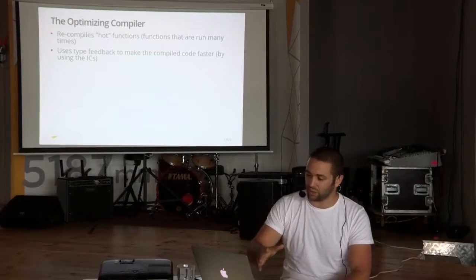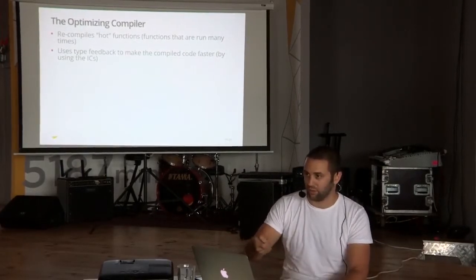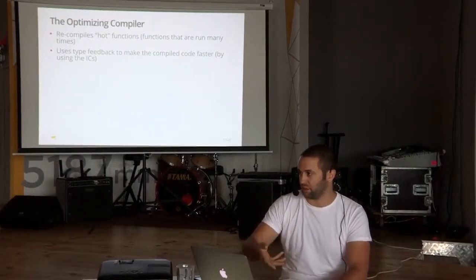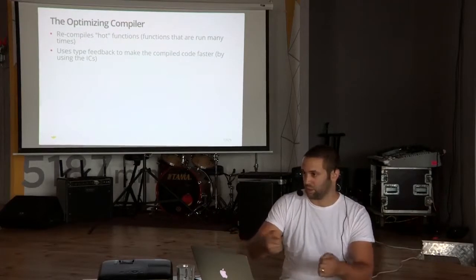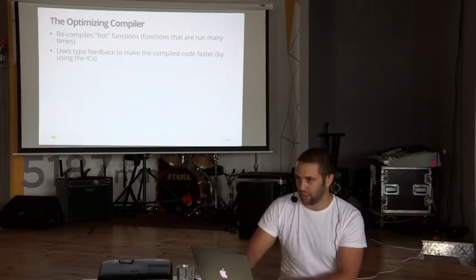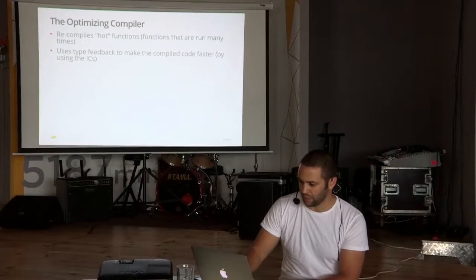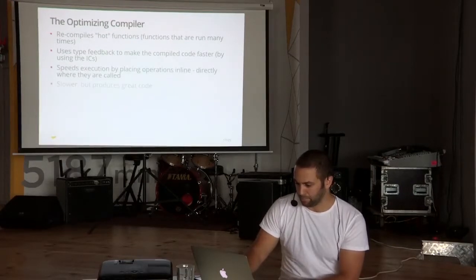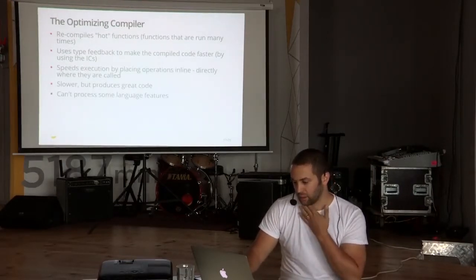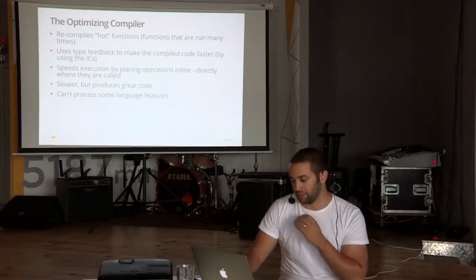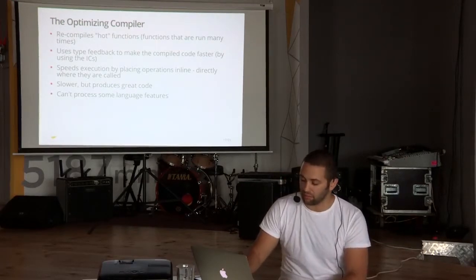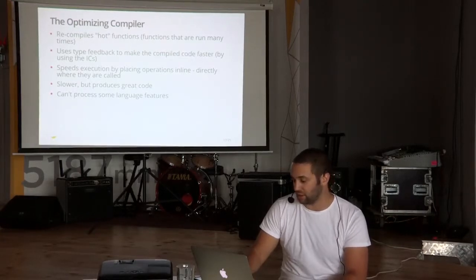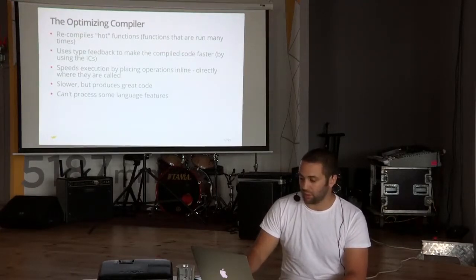Although there are no types in JavaScript, it now has that information. This is a function that is called with integers or with strings, so it can optimize on that basis. It's slower, but runs later on. But the most important thing is that it cannot process some language features. Some things that are legal in JavaScript can't be optimized with this compiler.